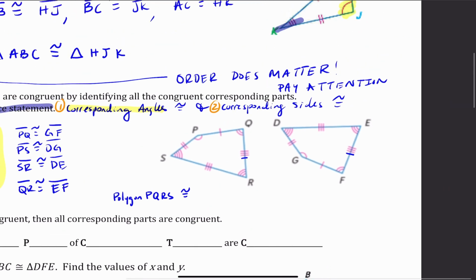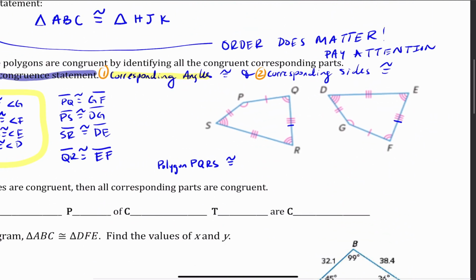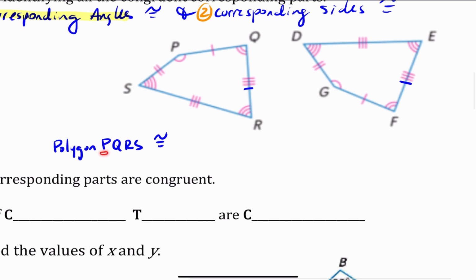to, again, order matters. So here's angle P. The letter that must be here has to have that one arc.